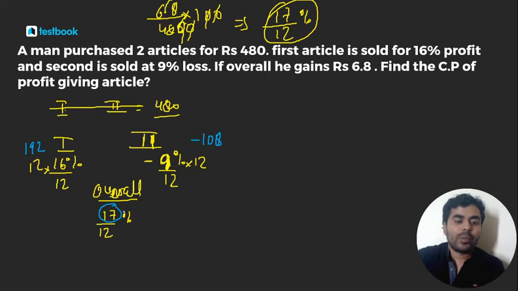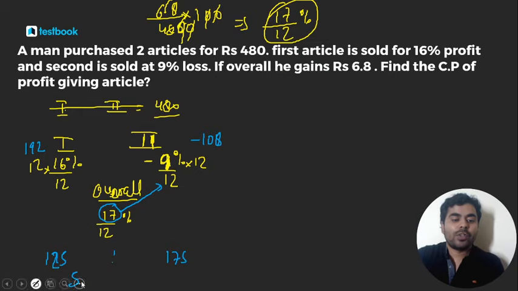So 192 minus 17 is 175. 17 minus 108, so minus and minus will give plus. So 17 plus 108 is 125. Now the simplified ratio will be 5:7.